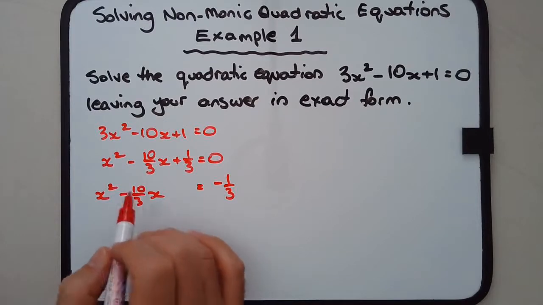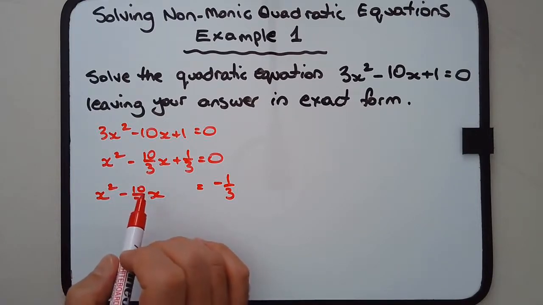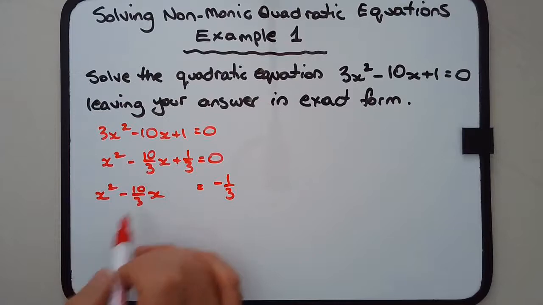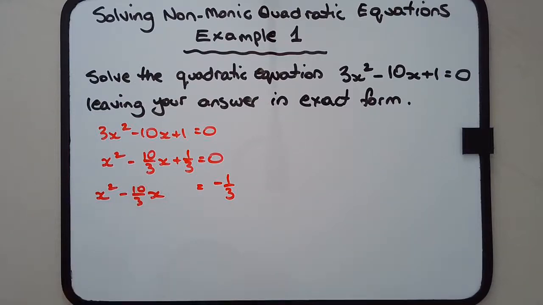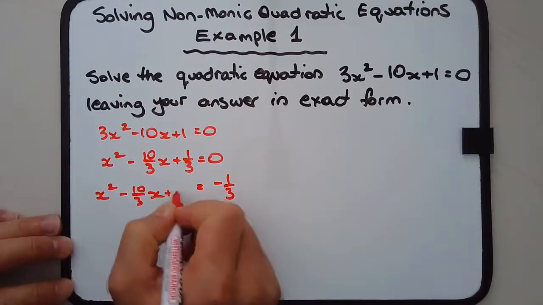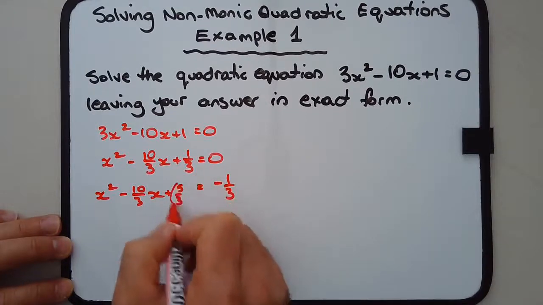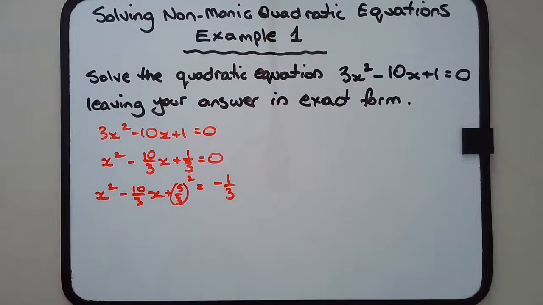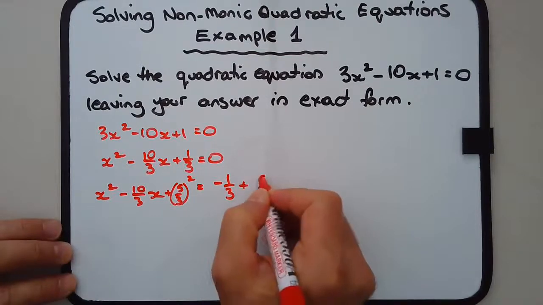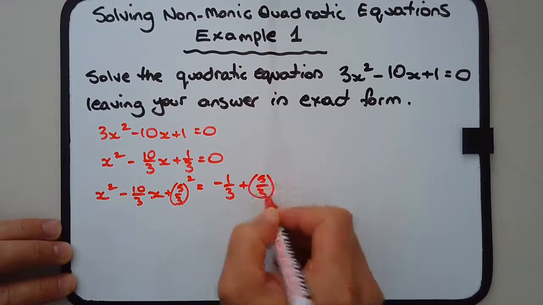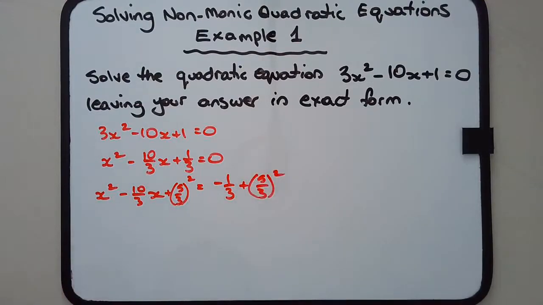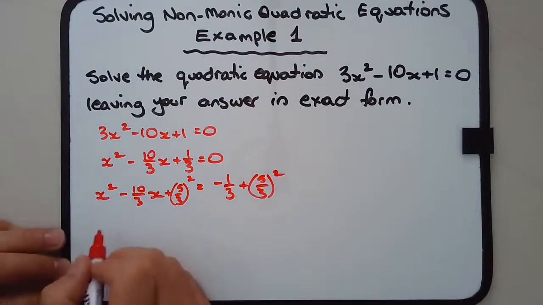So 10 on 6, which is 5 on 3, and we're going to square that. I might just write that there. What you do to one side, we do to the other.